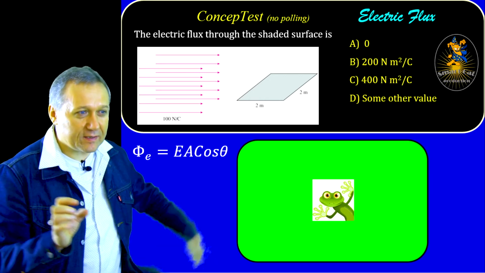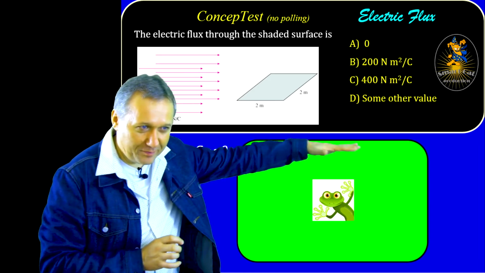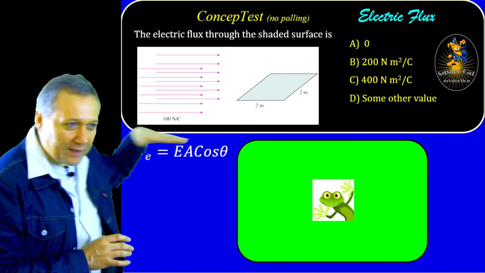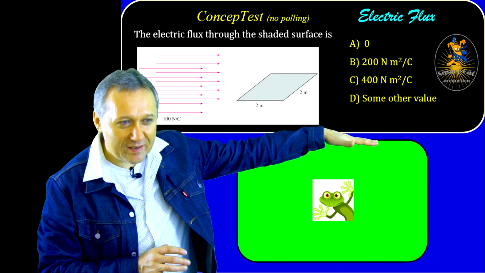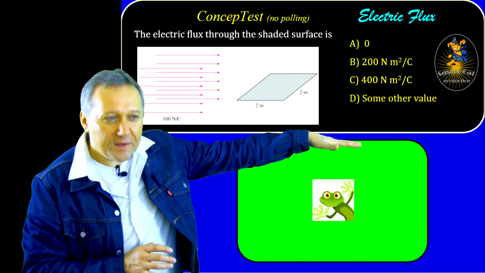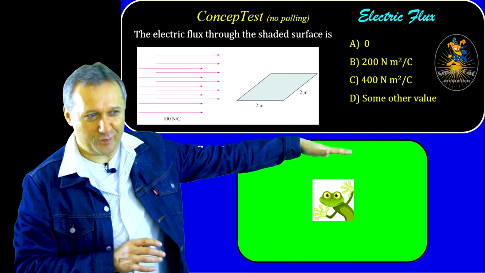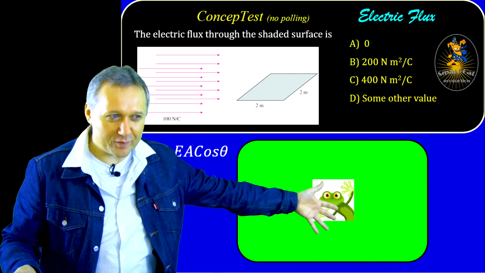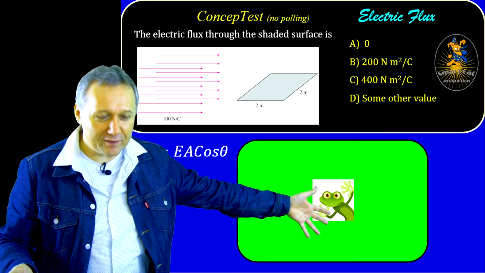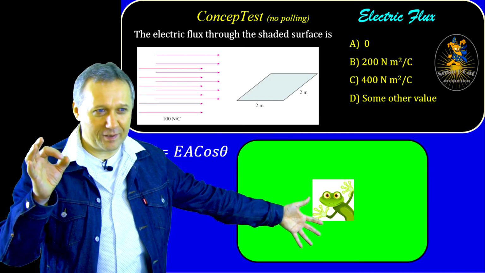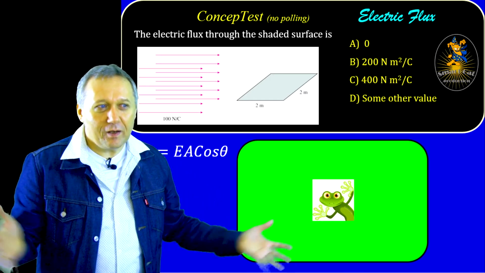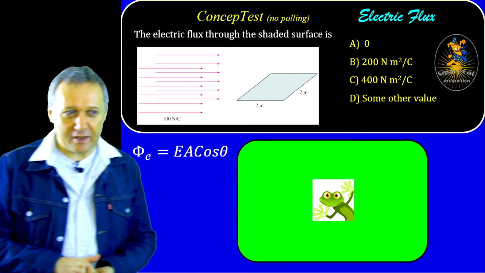So in this case, the surface is horizontal, and the electric field lines are also horizontal. These lines just physically cannot cross the surface because they're parallel to the surface. So the number of electric field lines crossing the surface is 0. It's just a simple conceptual explanation.